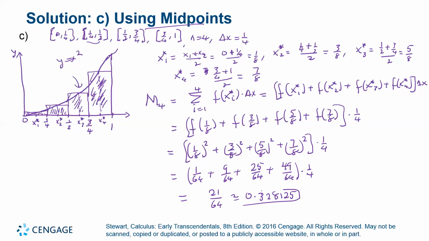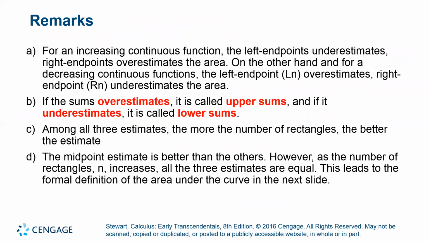Okay, see? So with this function, y equal to x squared, which is increasing, we have seen that the lower endpoints L4 underestimates, the R4 overestimates, and this is more accurate. Okay, so we have the following remarks.